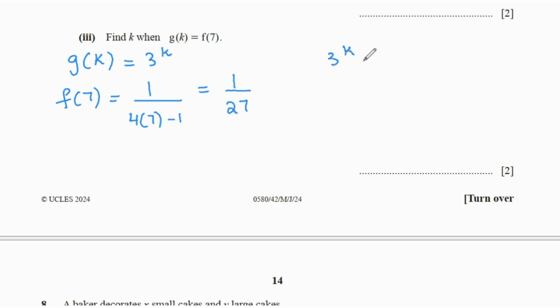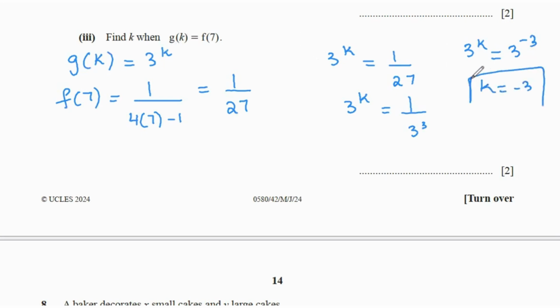So 3 to the power of k equals 1 over 27. We know 27 is 3 cubed. That means 3 to the power of k is equal to 3 to the power of negative 3. You bring the base up, which means the power will become negative. So whenever the bases are the same, the powers are also equal. So k equals negative 3.